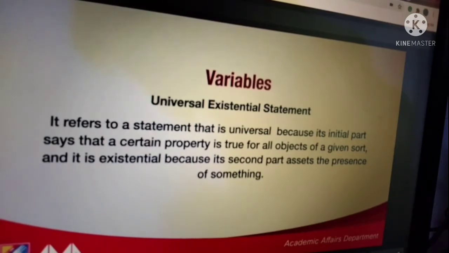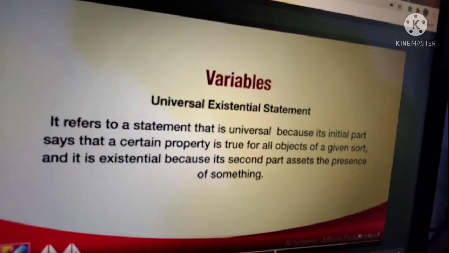It refers to a statement that is universal because its initial part says that a certain property is true for all objects of a given sort. It is existential because its second part asserts the presence of something.